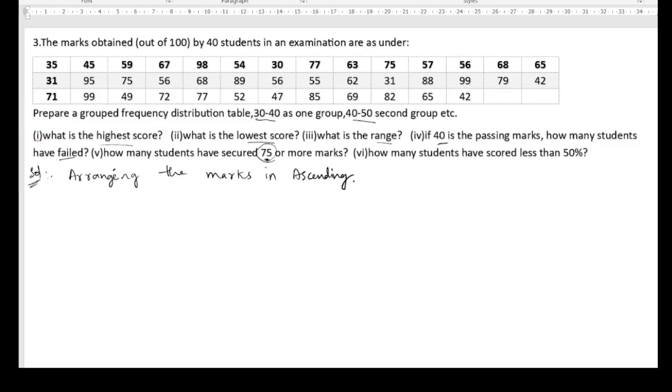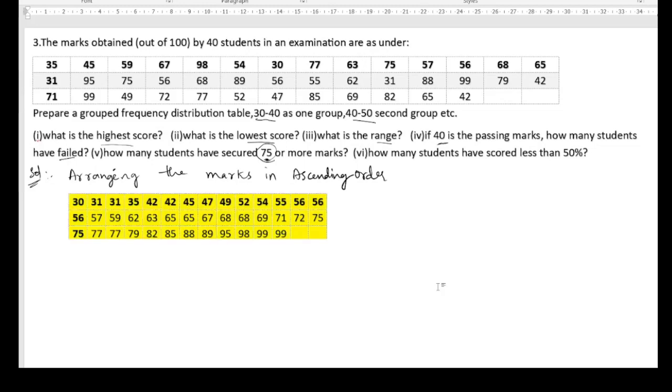I have already done the ascending order: 30, 31, 31, 35. From the above scores, I have arranged them in ascending order. Now with this we can construct the frequency distribution table.